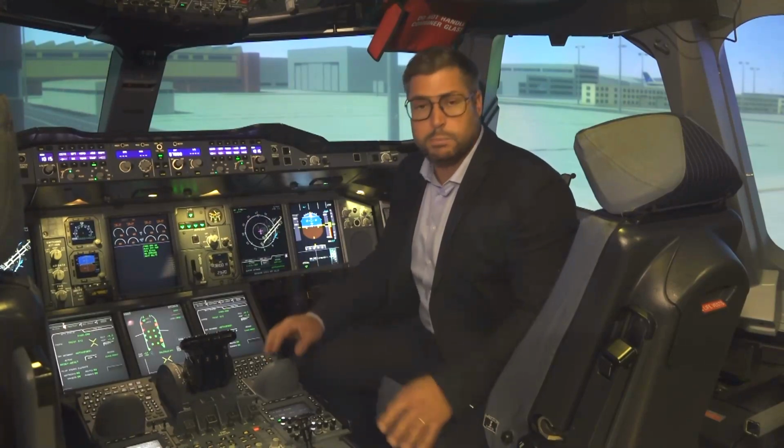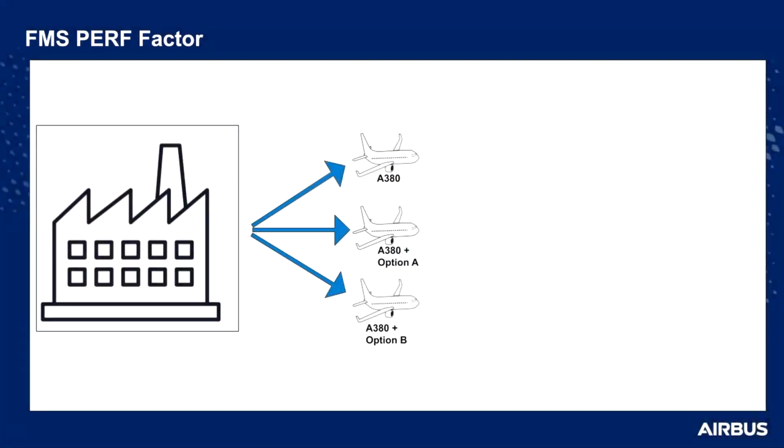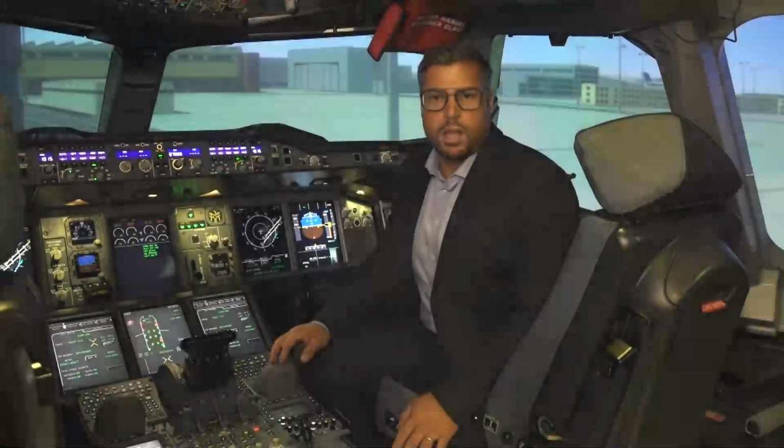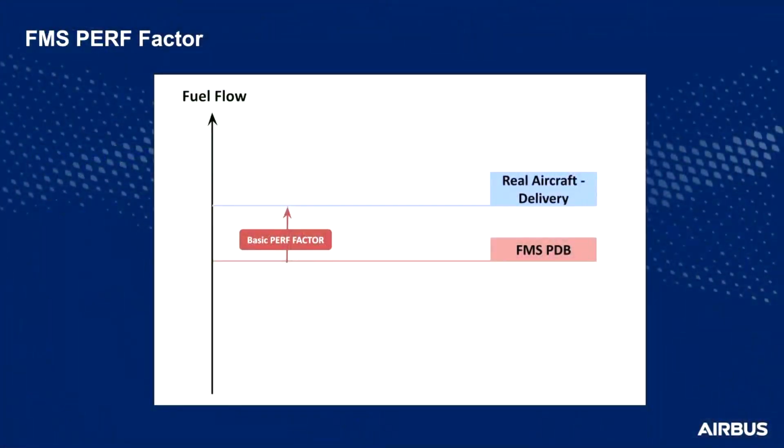But for some aircraft models, the PDB may not correspond to the exact IFP level of this specific model. This can occur when a common PDB is used for a family of similar aircraft models. And so, the basic PERF factor is inserted on delivery by Airbus in order to correct the fuel flow predictions of the PDB to ensure that they correspond to the real aircraft model.